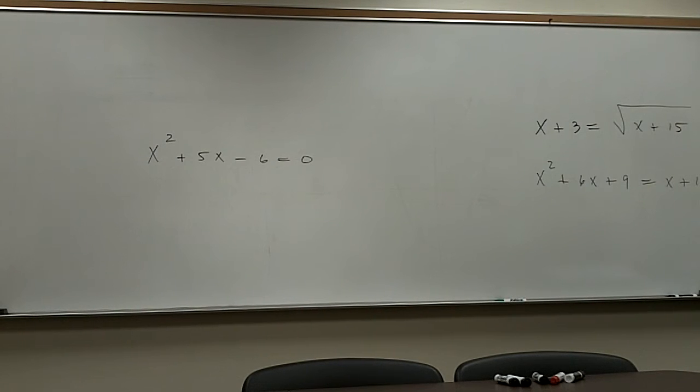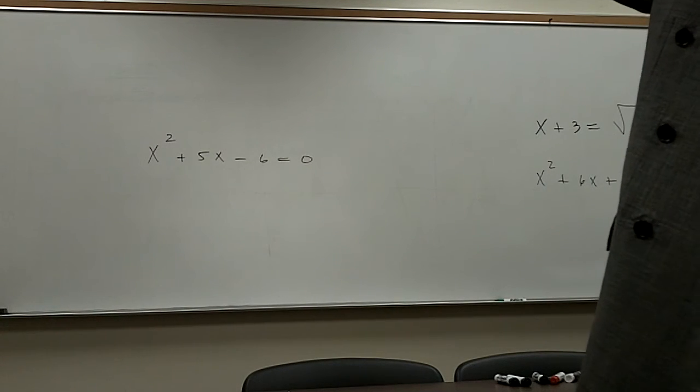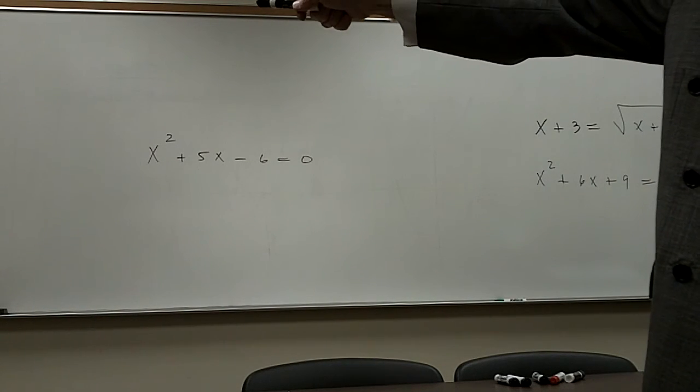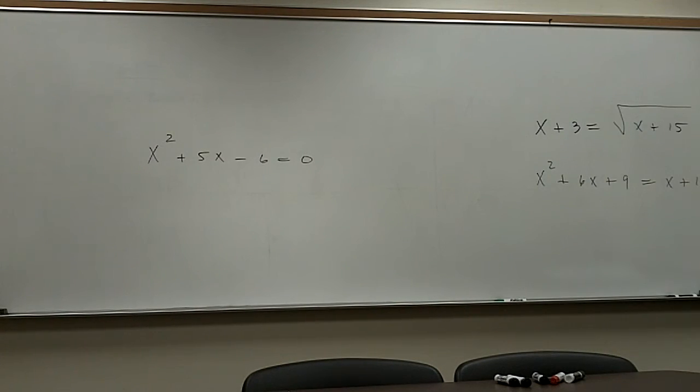You look at, first of all, is there a 1 in front of the squared term? And the answer is yes. If that's the case, then you look at the number in front of the x term. If that number is an even number easily divisible by 2, then you do what? I prefer completing the square.